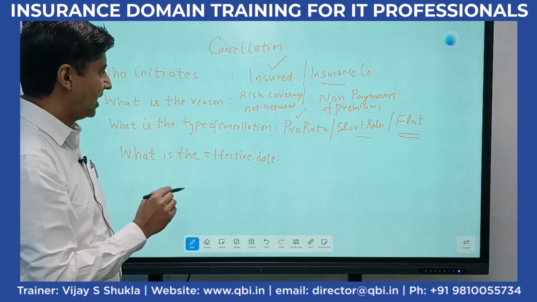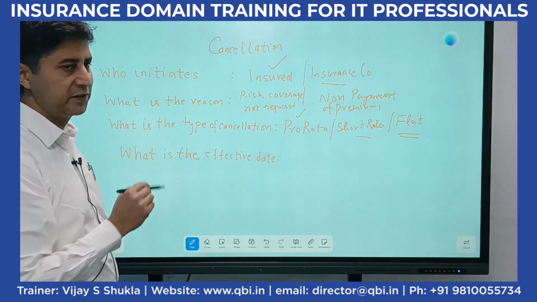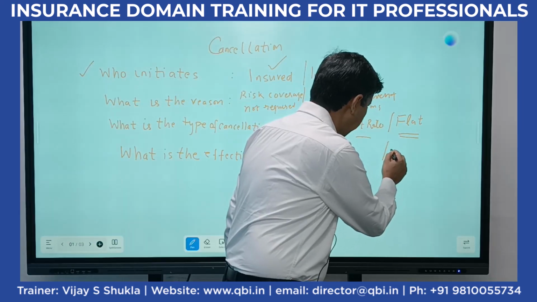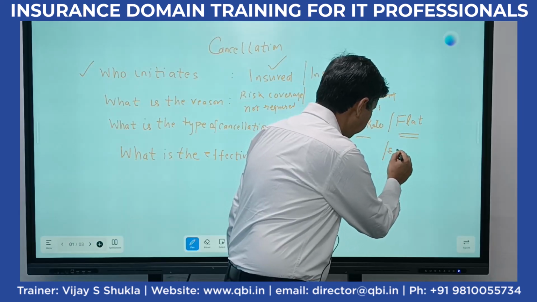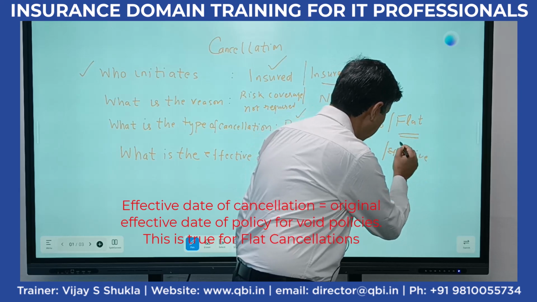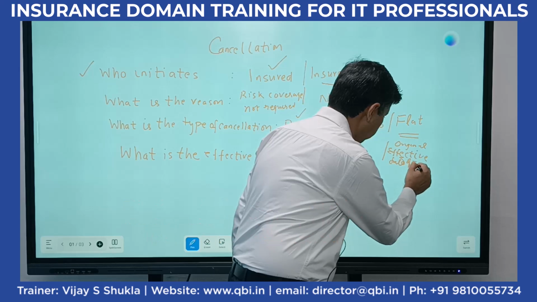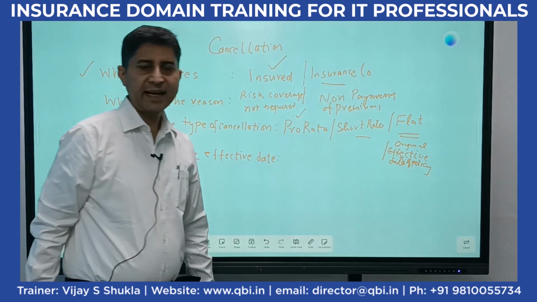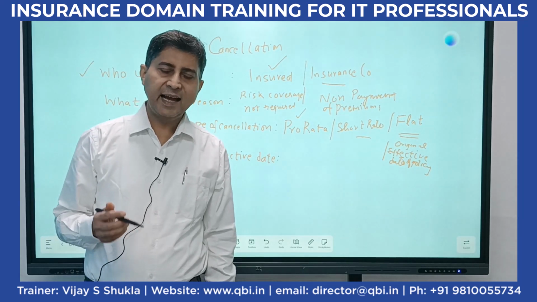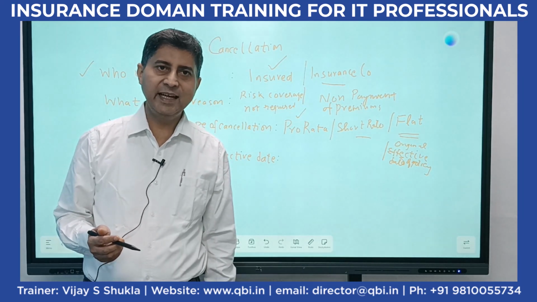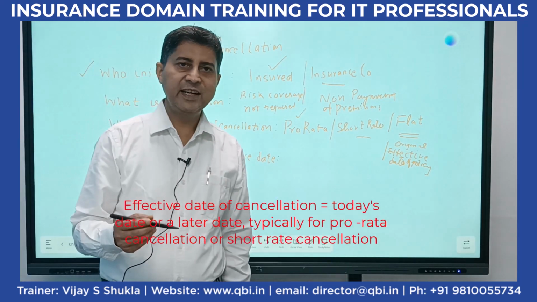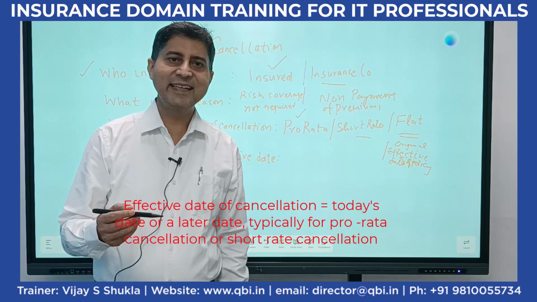And then what is the effective date of the cancellation? As I have told you, typically the effective date of the cancellation is the original effective date of the policy. And here, for pro rata cancellation and for short rate cancellation, it may so happen that I may initiate a cancellation today in my core insurance system, whereas we can provide the effective date of cancellation as a later date than today.